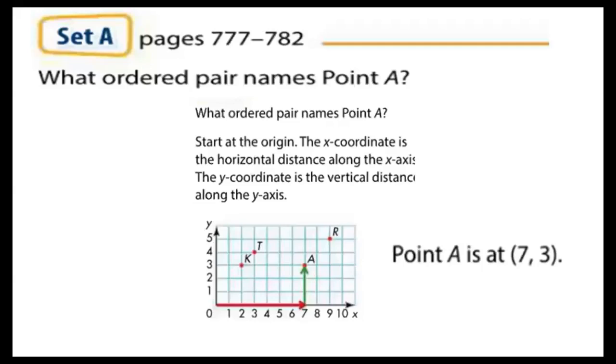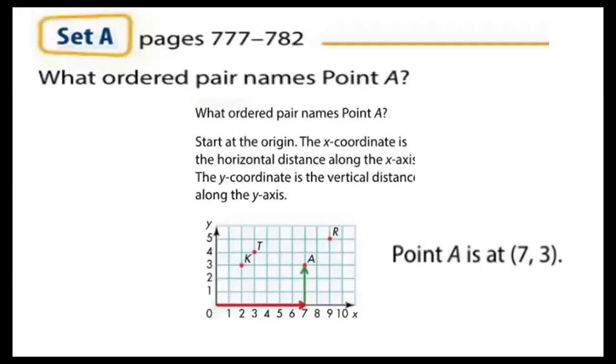Let's make a deal from the first, my dear, that any ordered pair in the world starts with x and ends with y. So the first item inside the ordered pair represents the distance on x, and the second item represents the distance on y. If you need the value of the x-coordinate, select the first one inside the ordered pair, from left to right, not right to left.